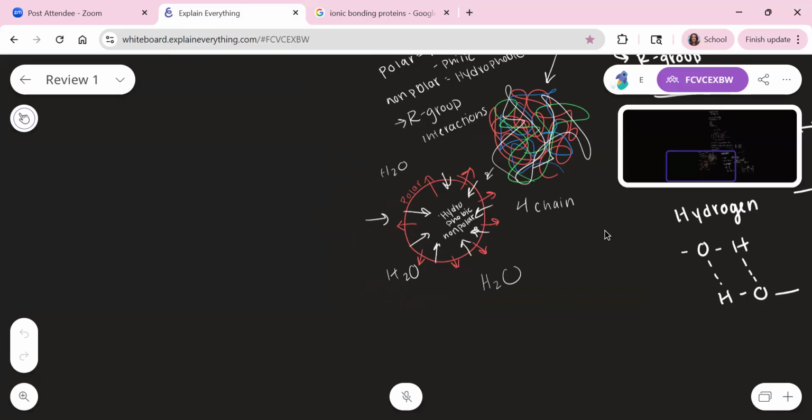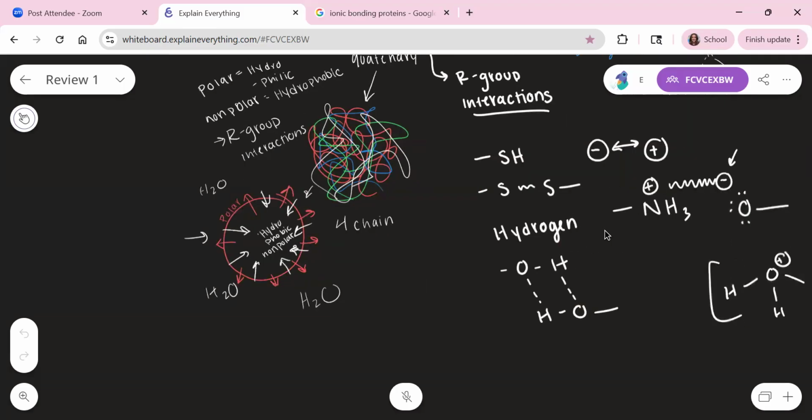Say we have some OH bonding or hydrogen bonding, so this is chain one and this is chain two. We're going to have some weak hydrogen bonding interactions between them, and this is going to be how the chains start to fold together into a protein, if that makes sense.